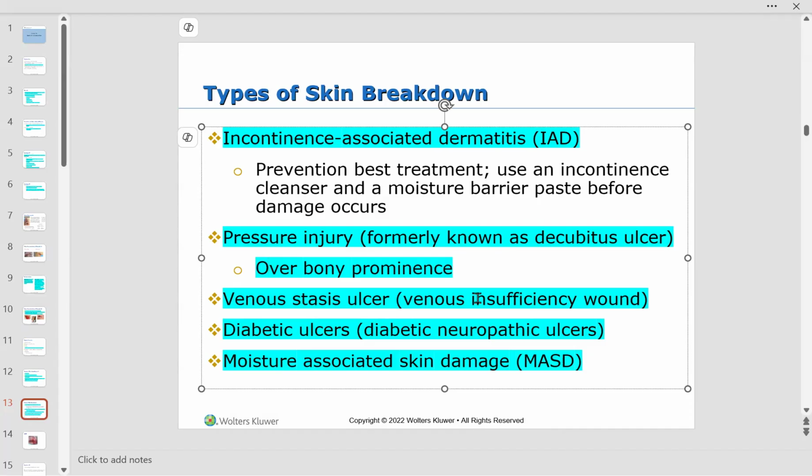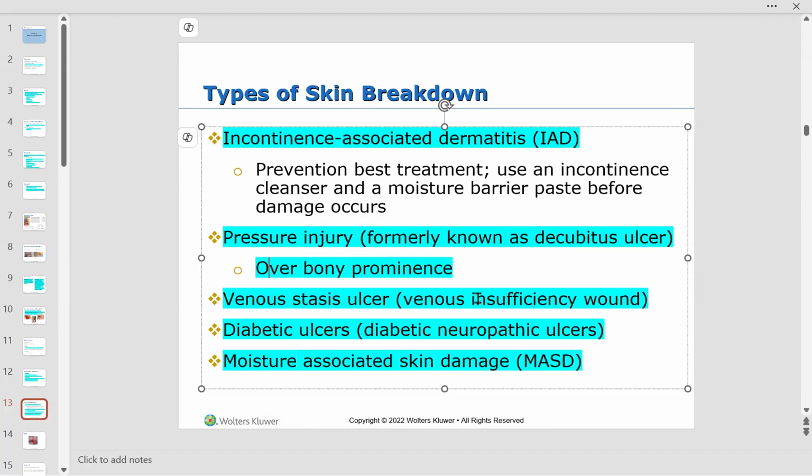So if the blood sits in the lower extremities and can't get back up due to immobility, what can happen is edema, and then they can wind up with breakdown, and that would be a venous stasis ulcer. Those are not staged like pressure ulcers, and they are not found on bony prominences. They're usually on the lateral or medial aspect of the lower extremities. Diabetic ulcers, you usually find these on the feet, and that's from diabetic neuropathy and lack of blood flow and breakdown.